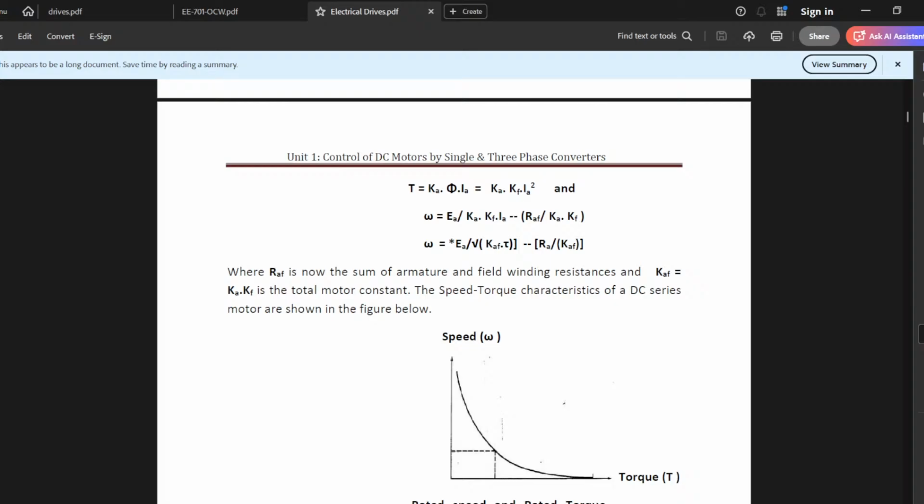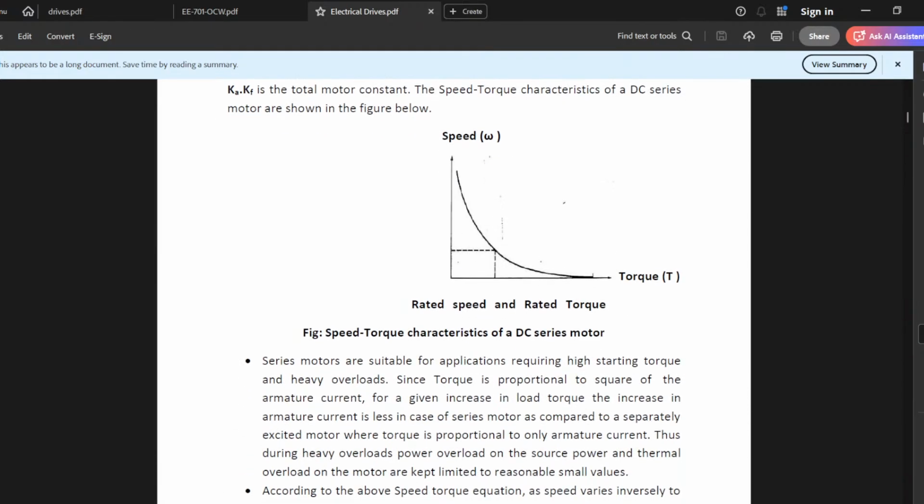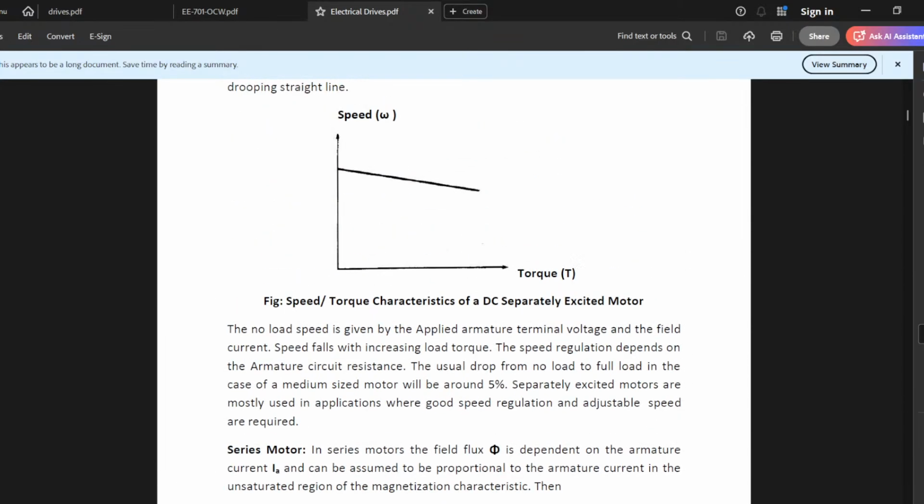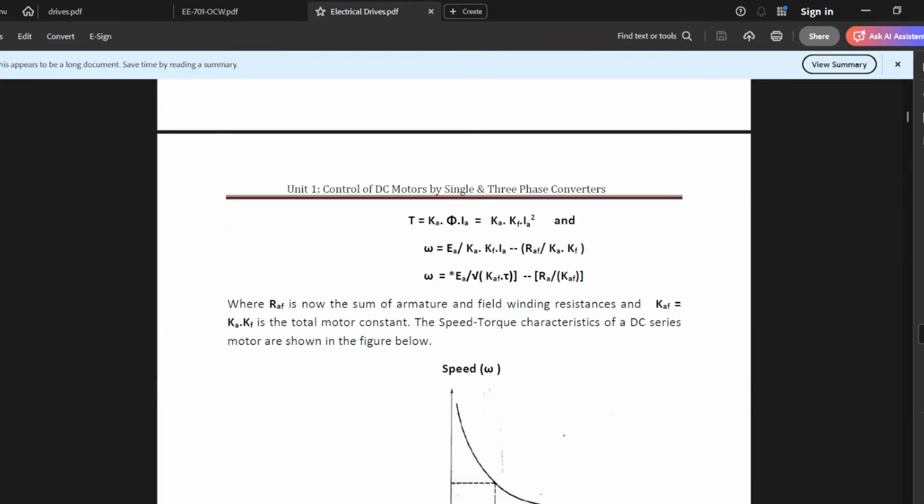So this will become under root KF, and here we have under root torque in the denominator. So under root KF into under root torque will become under root KF torque. So got it. So this is the rated speed of DC, and in the separately excited we have a dropping line.